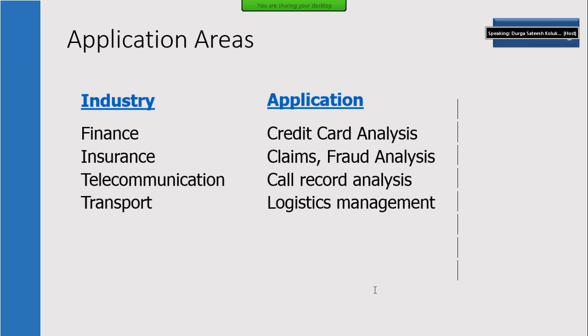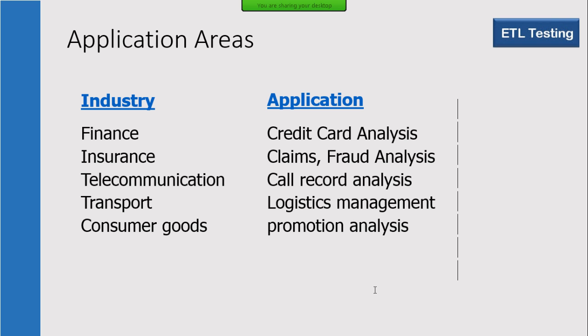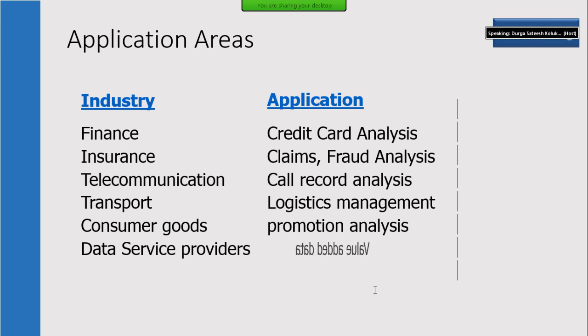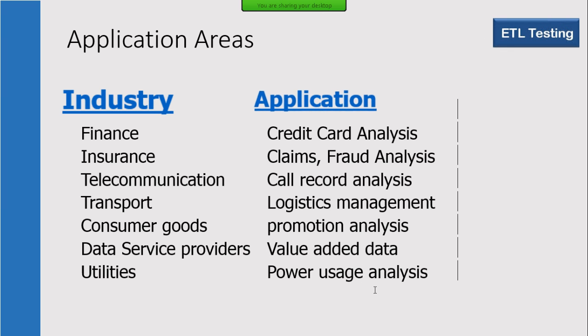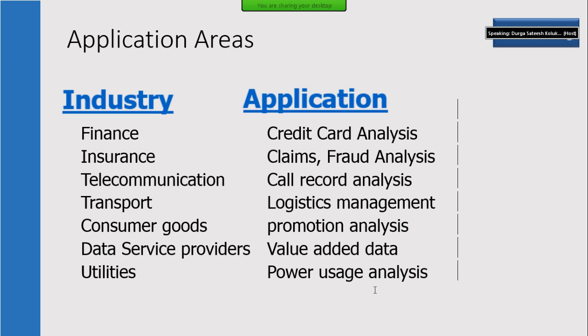Transport has logistics management. Consumer goods has promotion analysis. Data services, and what kind of value you're going to add. Utilities has power usage analysis. So these are the different application areas. I'm just throwing out some examples to help you understand where exactly warehouses are implemented.